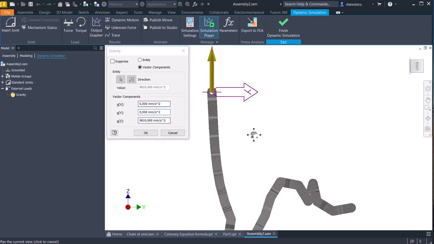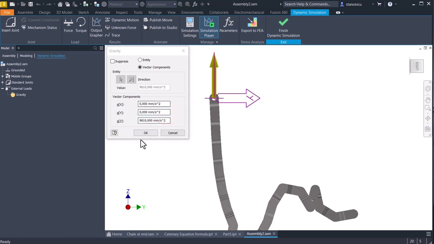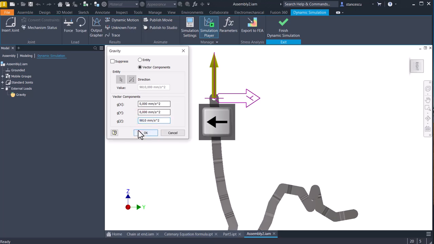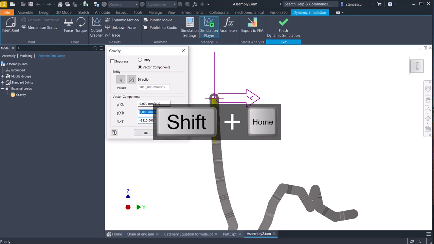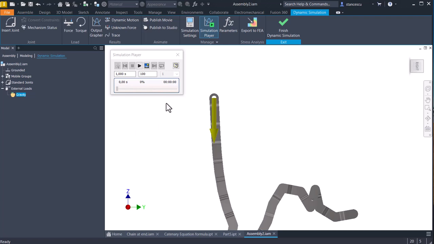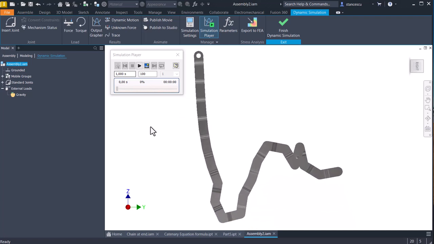You see the direction is not good, but I use minus to be good. Now is okay. I apply, click here, and let's see what happens.